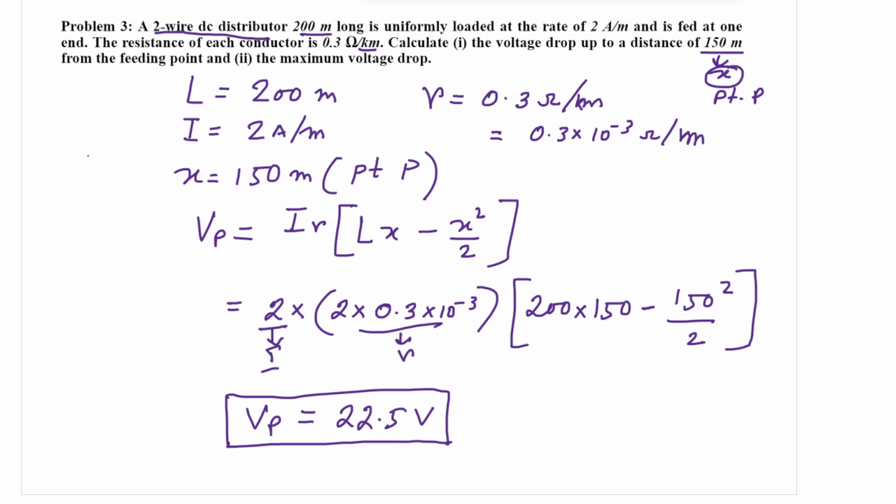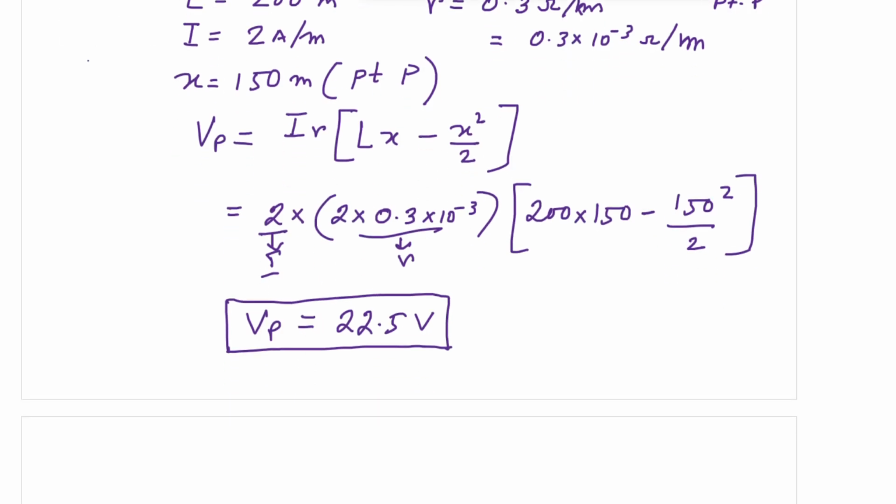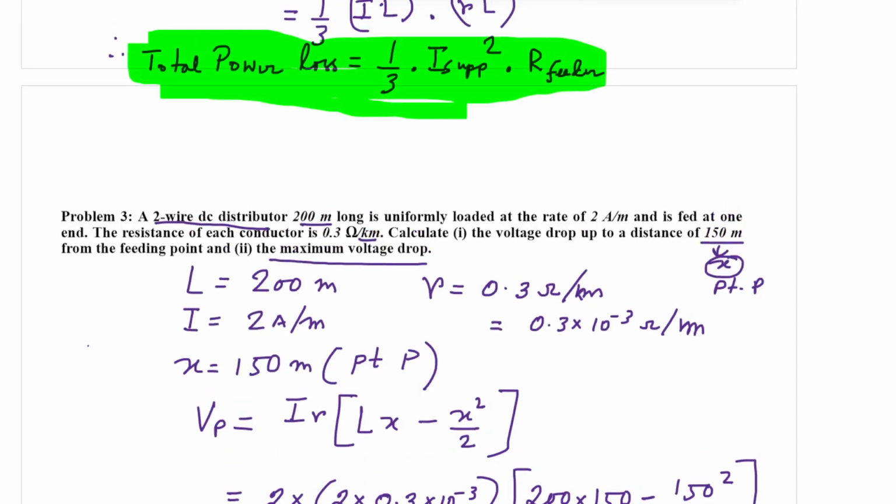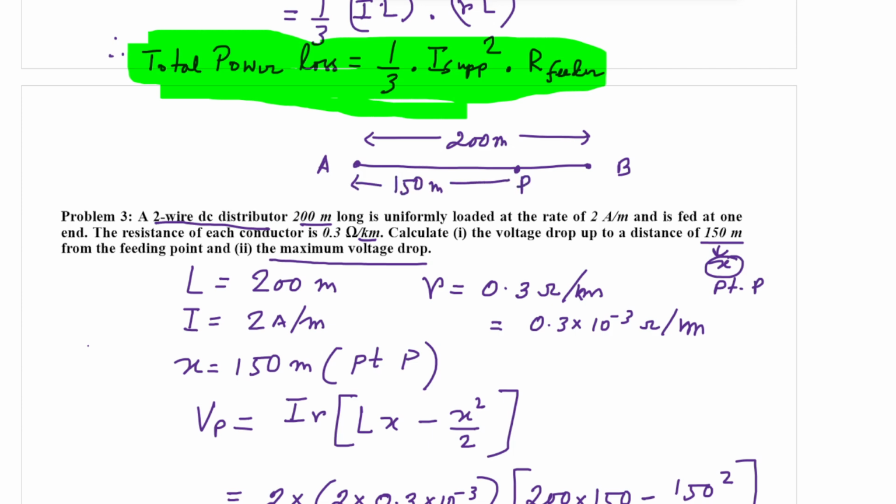And the second part is the maximum voltage drop. Now the maximum voltage drop is at this point. That means if this feeder AB is 200 meter long, and if this is the point P at 150 meter from A, the maximum voltage drop is nothing but VAB.